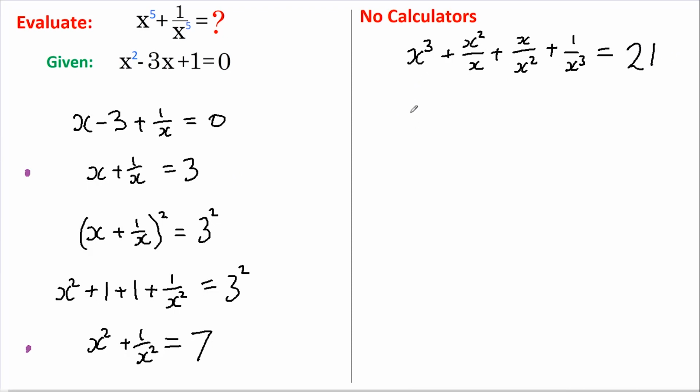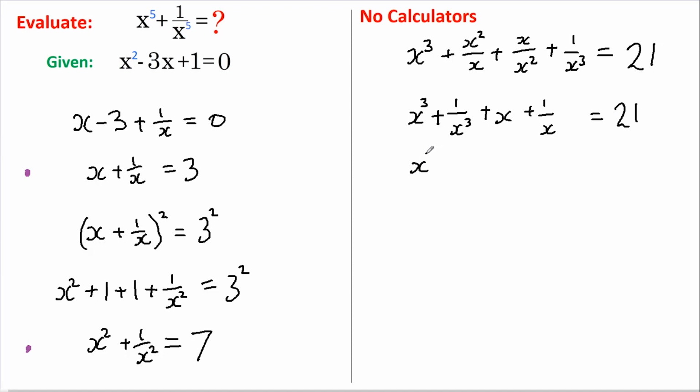Now let's bring down this x to the 3 plus 1 over x to the 3 plus this becomes just x, and this becomes 1 over x. And this all equals 21.